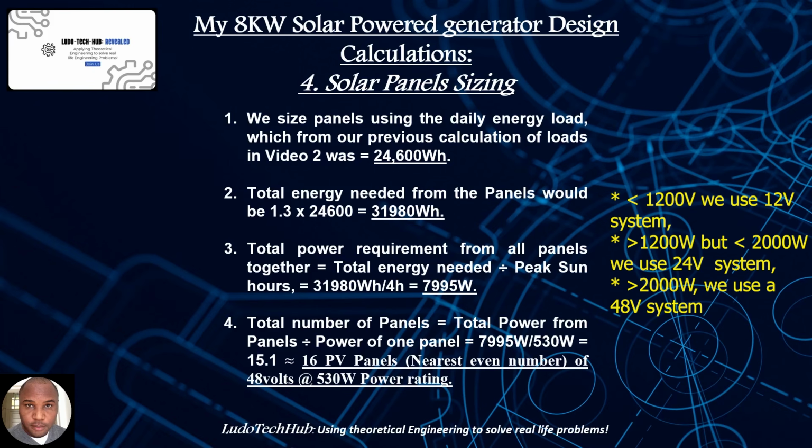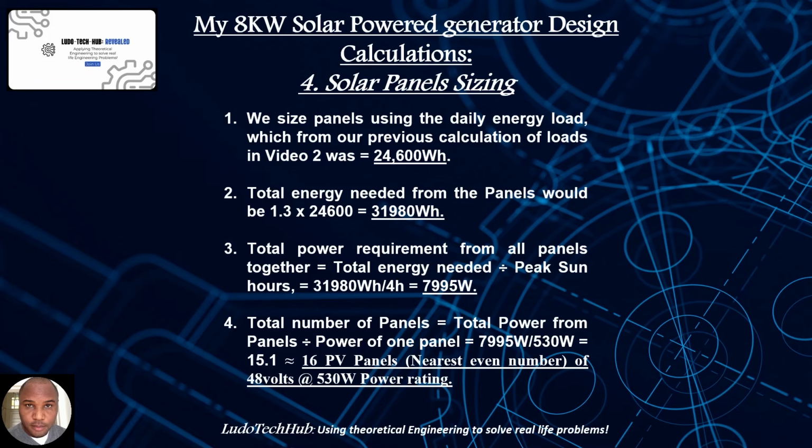If it is more than 2,000 watts needed per day but less than 3,000, you use a 24 volt system. And if it is above 3,000 watts, you use a 48 volt system. We know that our system voltage is 48 volts, so your panel has to be 48 volts as well, and your battery has to be 48 volts as well.